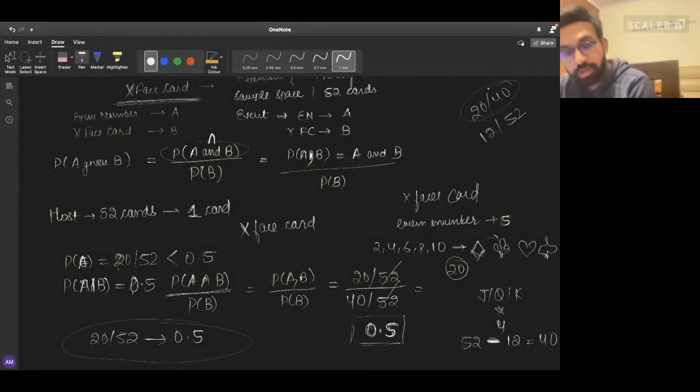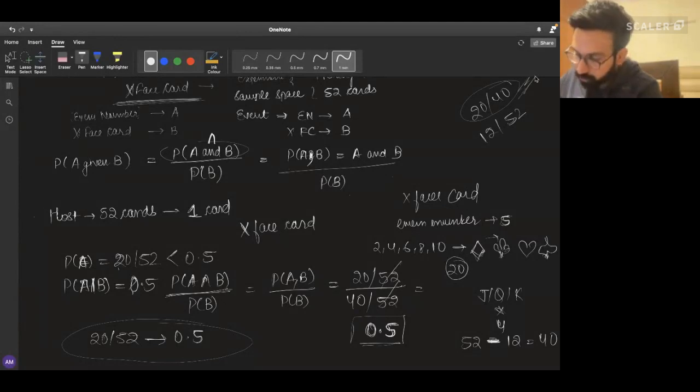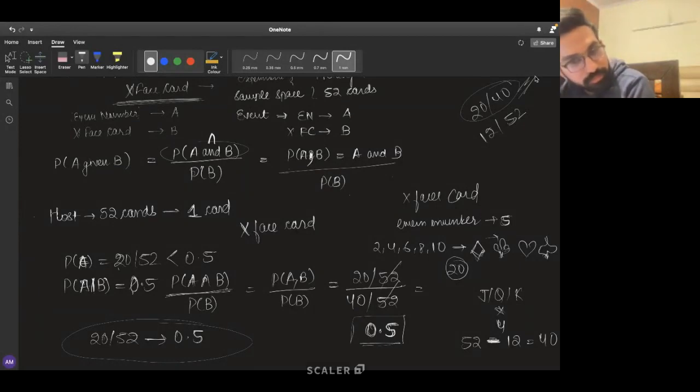How have you got 20 by 40? A and B both happening, right? Since the face card is not drawn, there are only 40 possible outcomes, out of which 20 are the favorable outcomes.